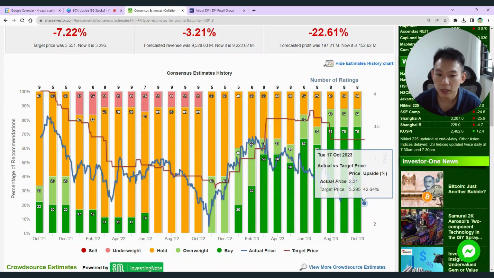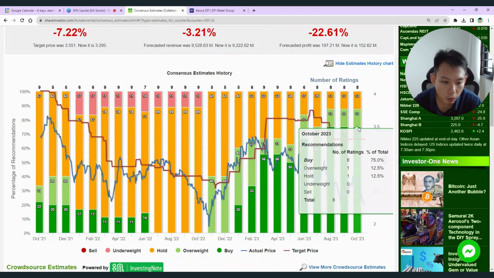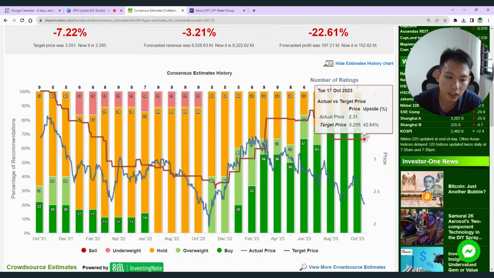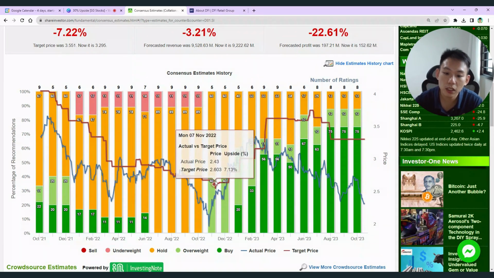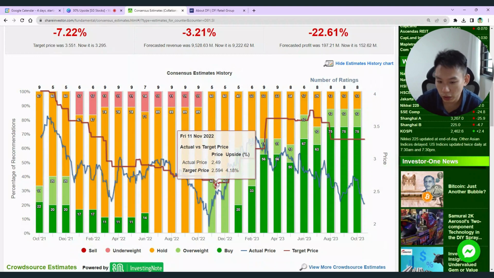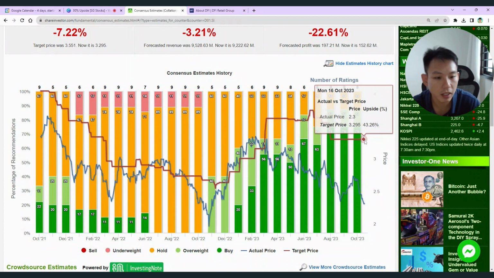But all in all, what I want to share with you is that there is a significant gap over here. They usually stick close to each other; the actual share price and the target price will tend to converge together. And right now there is a potential gap that we may be able to take advantage of.